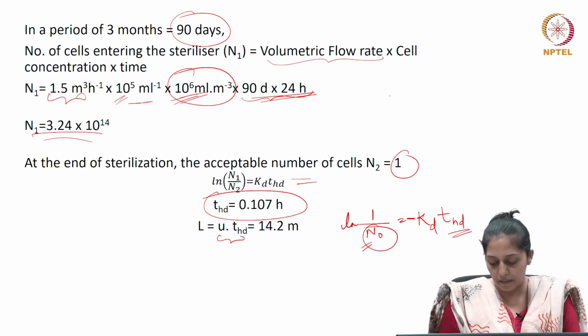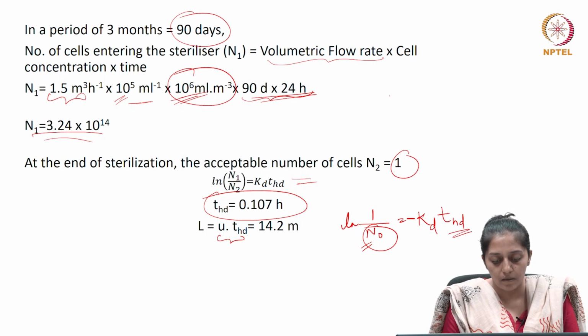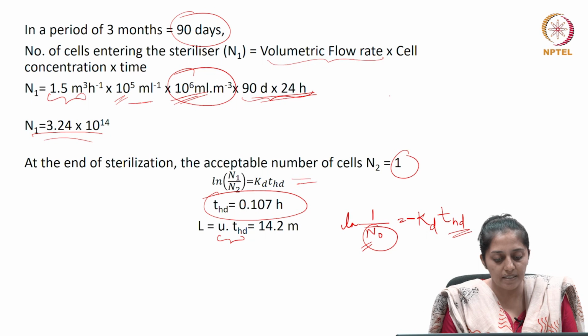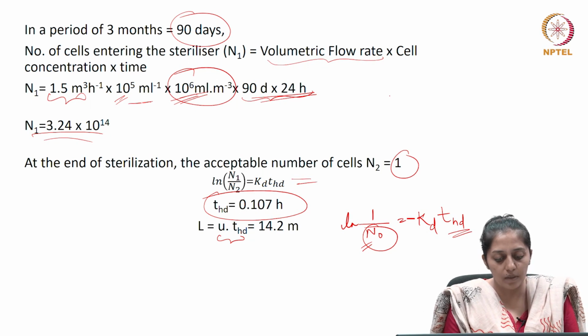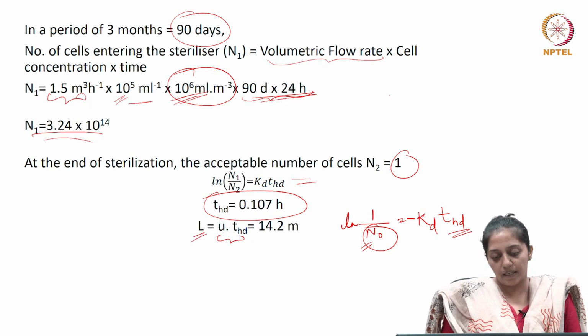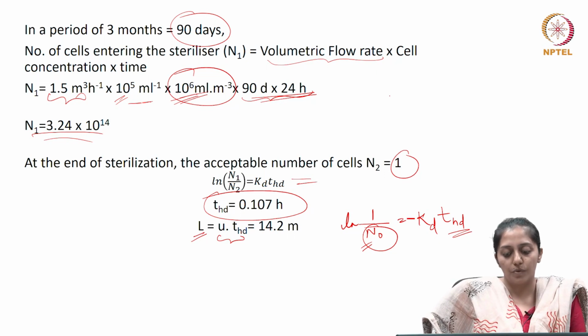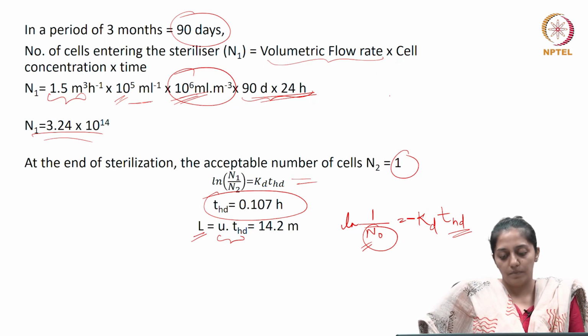So the linear velocity we calculated previously, if multiplied by the time spent in the holding section, gives the total length of the holding section. So this will be 14.2 meters.